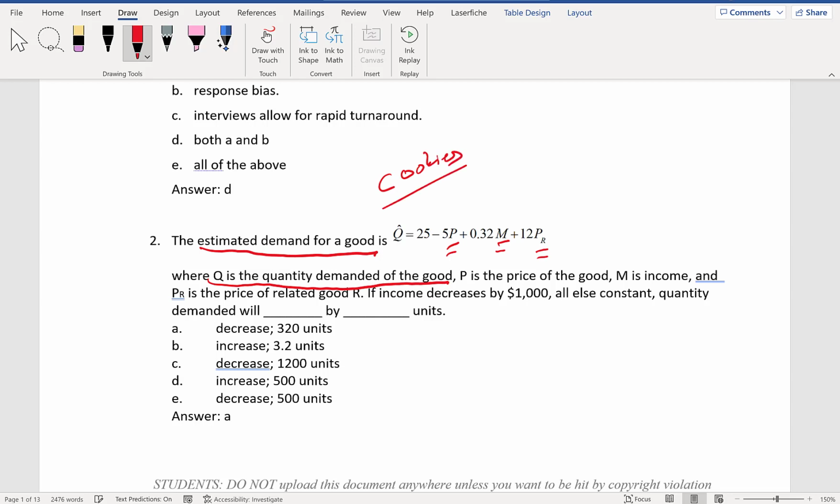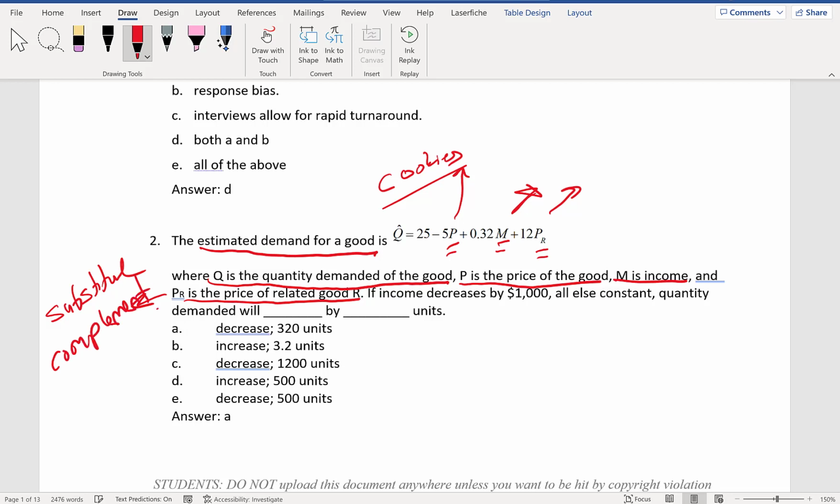P is the price of the good, so P is the price of cookies. M is the income, so this could be median income in the area, and PR is the price of a related good. We don't know what kind of related good it is, so it could be a substitute or a complement. We talked about this in my class notes and videos.